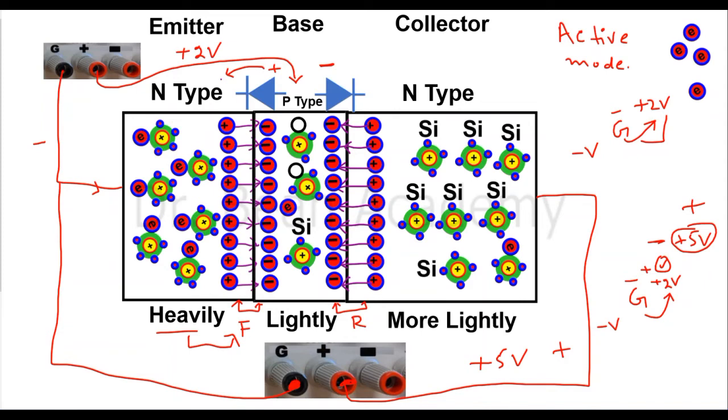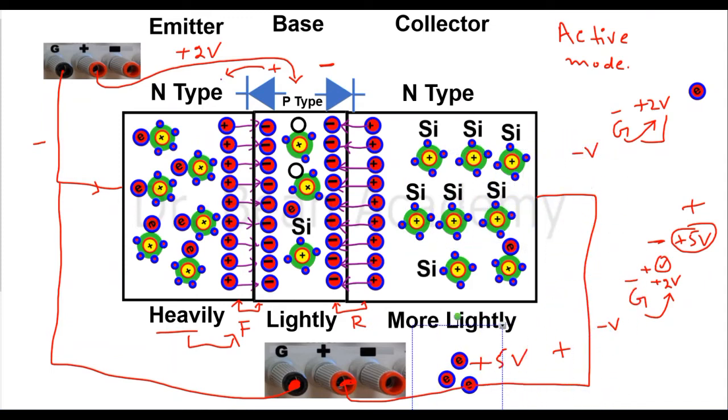But now I tell you the real story: in fact, a lot of electrons will cross this junction. Only a very small fraction of electrons will recombine. They will fill this hole, and they will flow. And a large number of electrons will actually cross this barrier, and then they will go through this one.